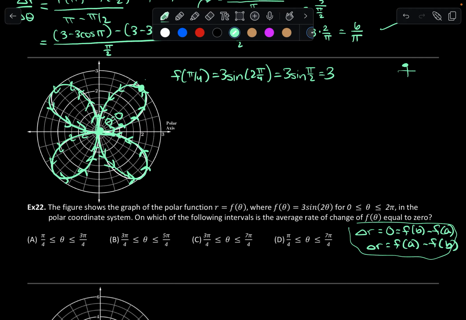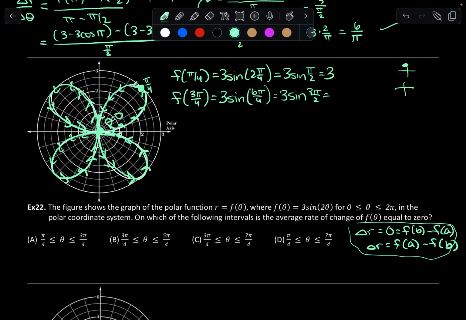So it looks like it'll be right here. So this is pi over 4. And then if we plug in f of 3 pi over 4, why not? It's next in the family. We have 3 sine. We're going to have 2 times 3 pi over 4, so that's going to be 6 pi over 4. We'll have 3 sine. That'll reduce to 3 pi over 2.